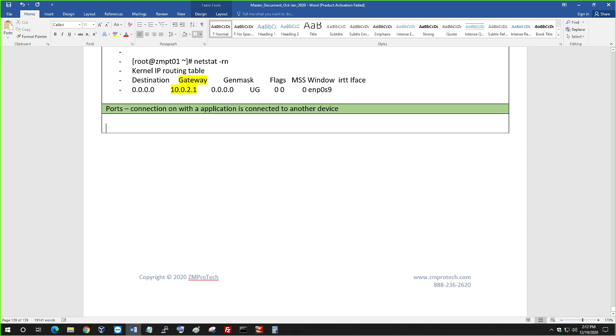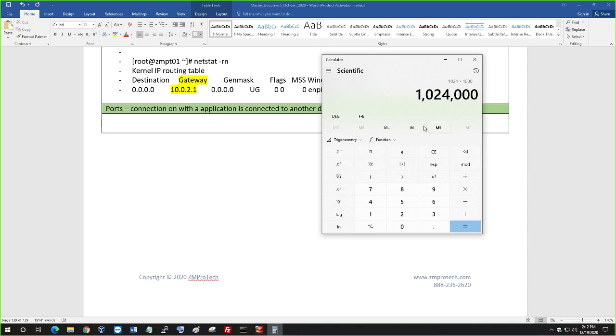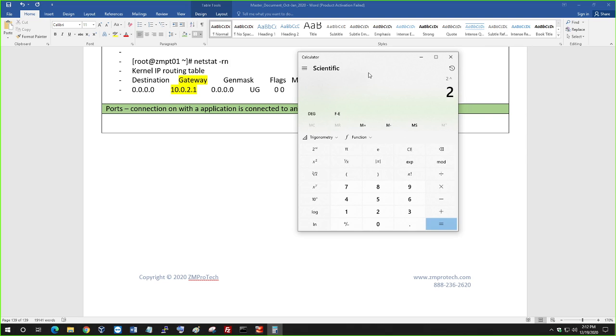So an operating system has 2 to the power of, I think 16. 2 to the power of 16.